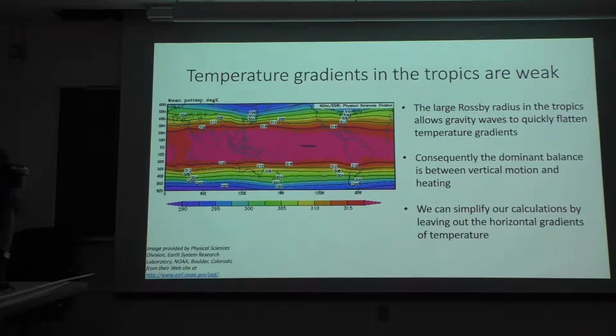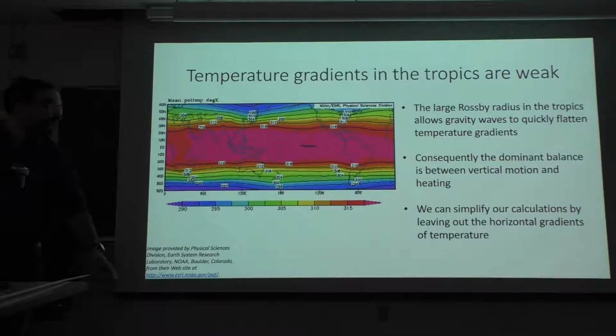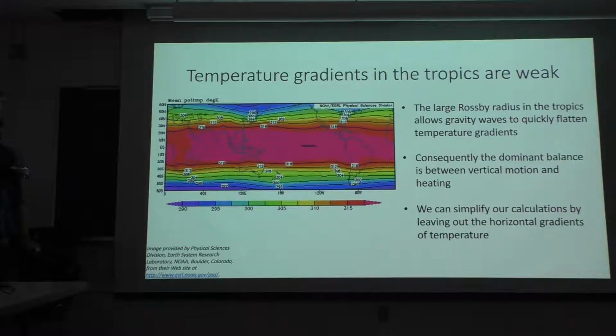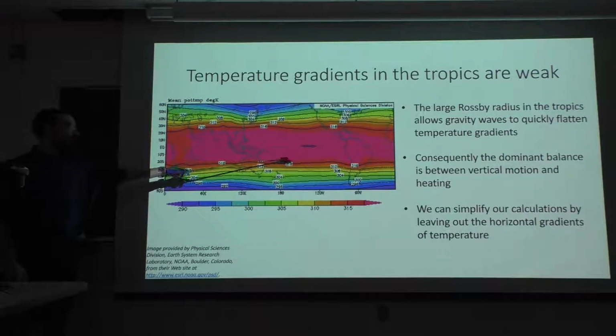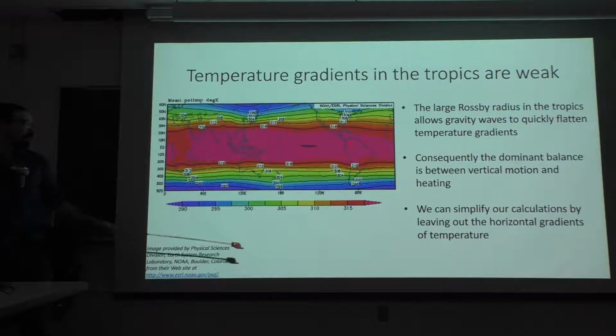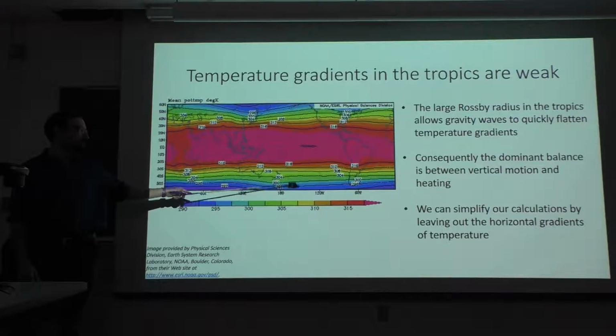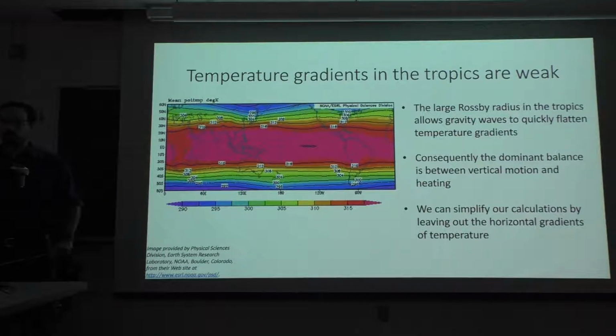A consequence of this is that horizontal temperature gradients are very quickly redistributed. Here is a map of the 600 hectopascal potential temperature. And as you can see in the tropics, we have a horizontal gradient of maybe 1 or 2 degrees across thousands of kilometers, as opposed to the middle and high latitudes where we have much sharper gradients.